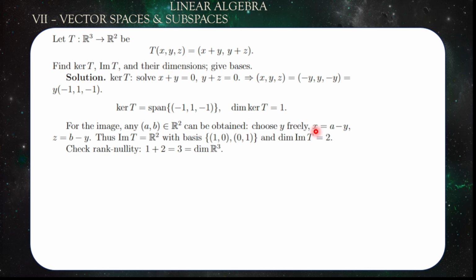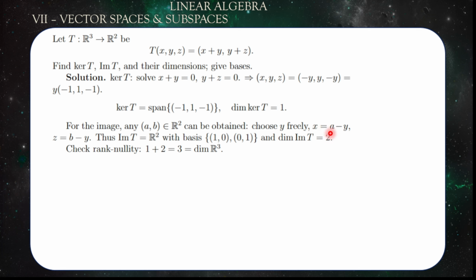Choose y freely. So you have x is equal to a minus y, z is equal to b minus y. The image of T becomes (1, 0) and (0, 1). If we place x plus y and y plus z underneath each other, basically, x is equal to minus y, correct?